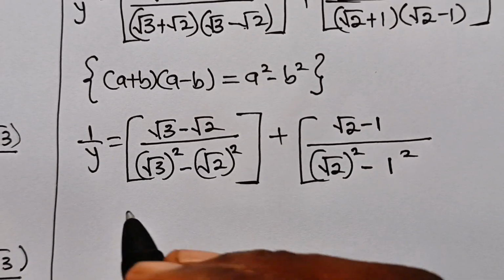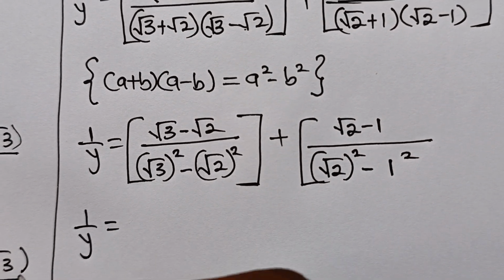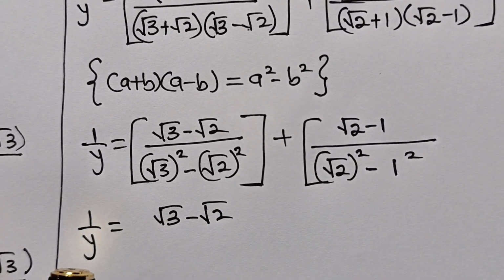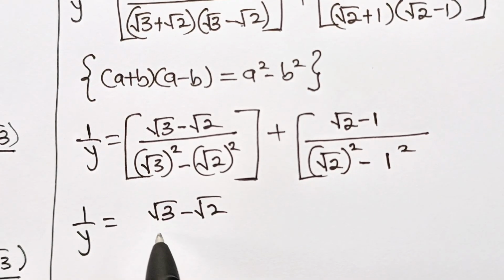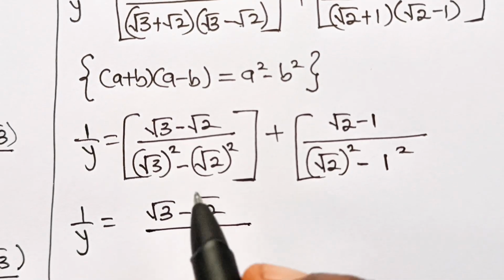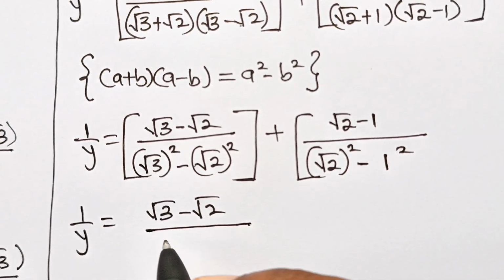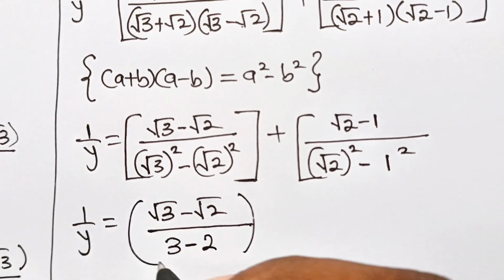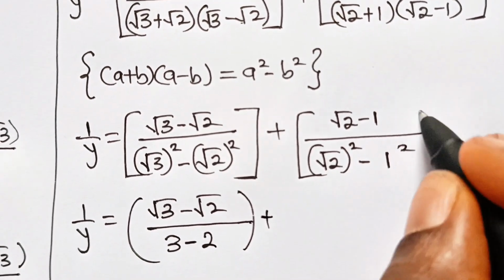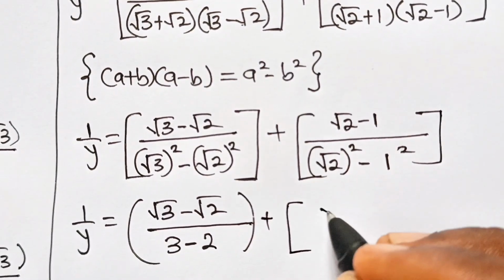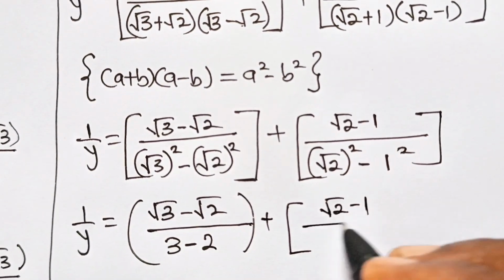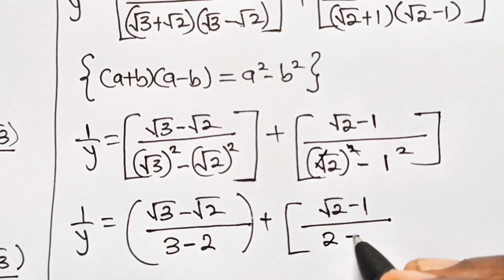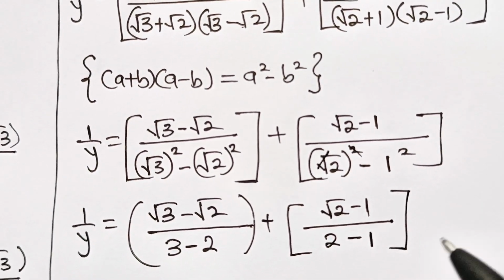So if we continue, we have 1 over y is root 3 minus root 2 divided by, now root 3 squared will give us 3 minus root 2 squared will give us 2, okay, plus, then this will give us root 2 minus 1 divided by root 2 squared will give us 2, 1 squared will give us 1.